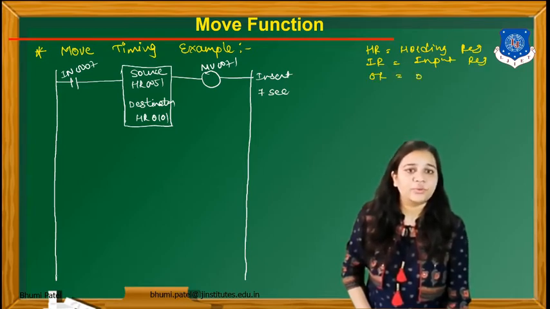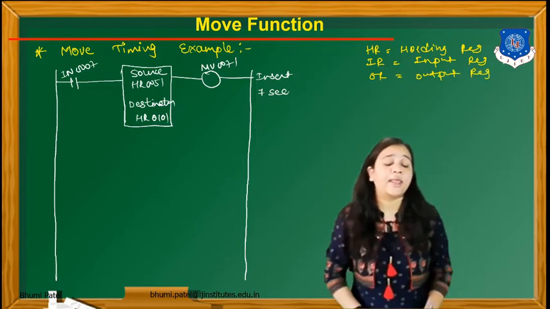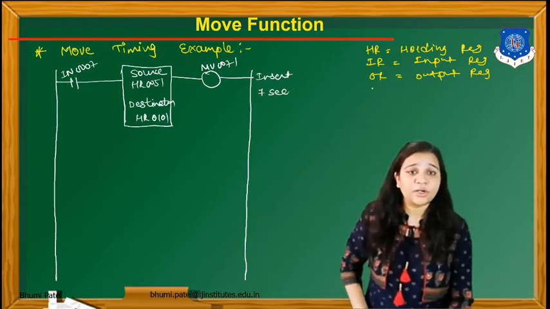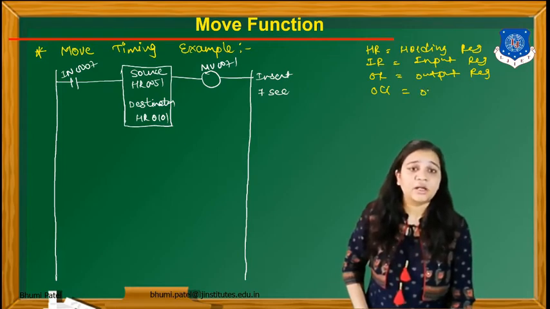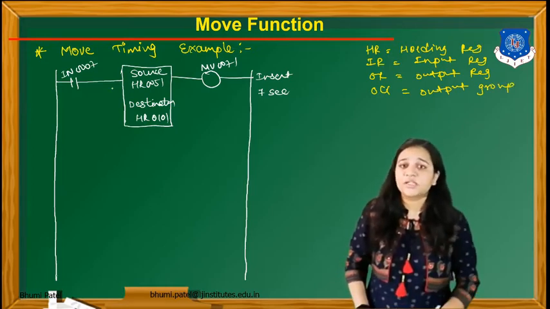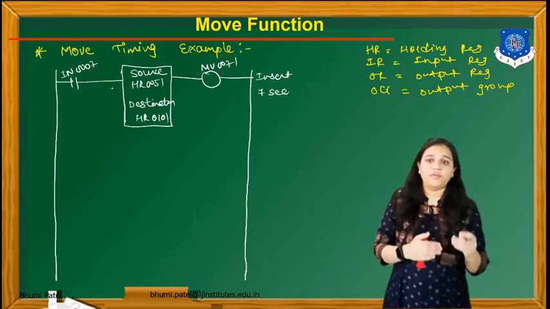OR stands for output register. In some cases, they will give OG in the source or the destination address. What is the OG? It is the output group.